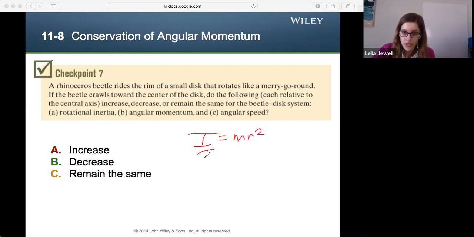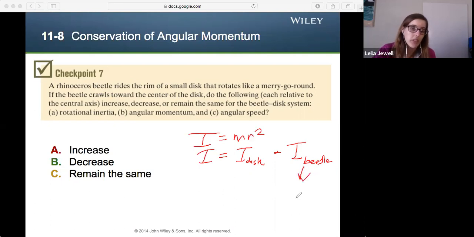So the total rotational inertia would be equal to the rotational inertia of the disk plus that of the beetle, where the beetle is just the mr squared. So if the beetle is going to the center of the disk and decreasing the r, then the rotational inertia of the beetle is going down. So that is decreasing. What about the angular momentum and angular speed?